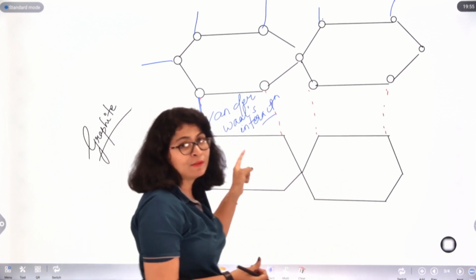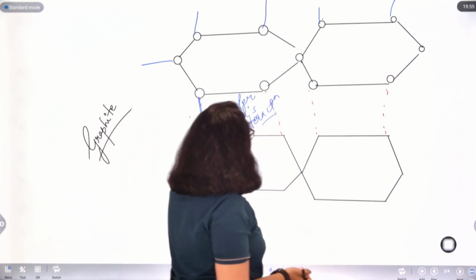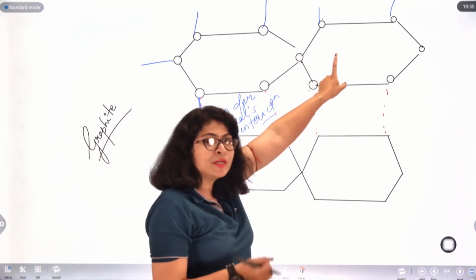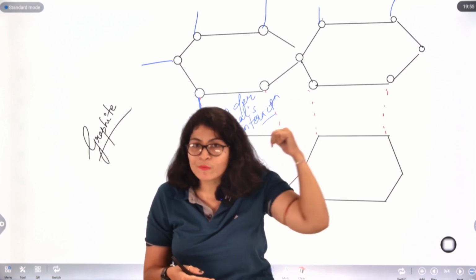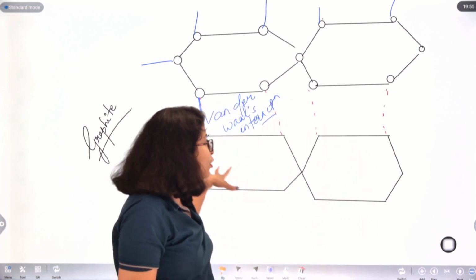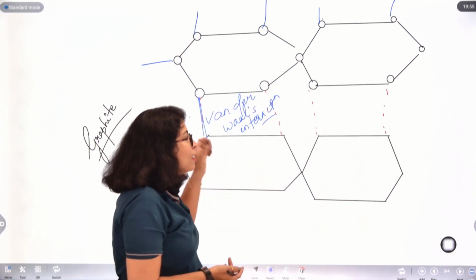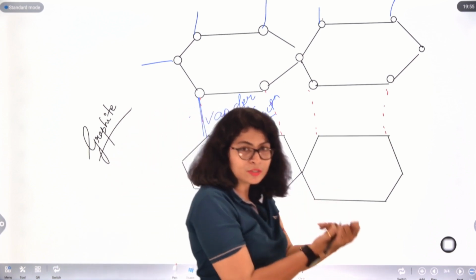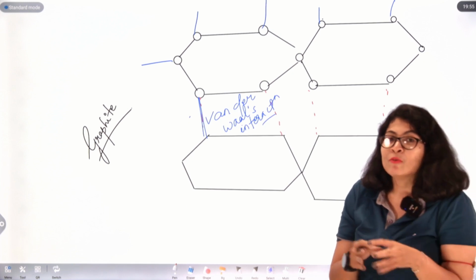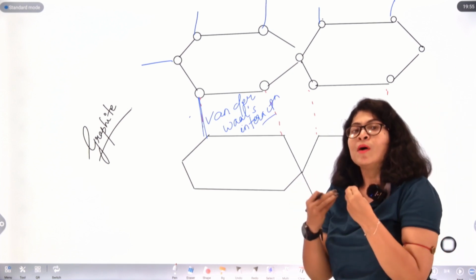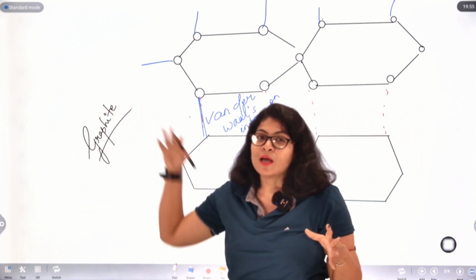Due to this weak bond between them, these sheets can slide over each other, and due to this graphite is comparatively softer. Now, as 1 carbon is bonded to 3 other carbon atoms, 1 electron per carbon is free in graphite. So when we pass electricity, we have our carriers available over here. Those carriers take up the electricity and conduct it in the entire medium.